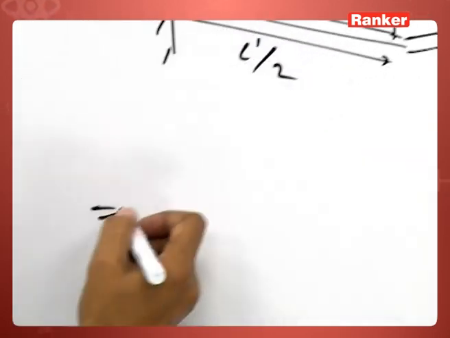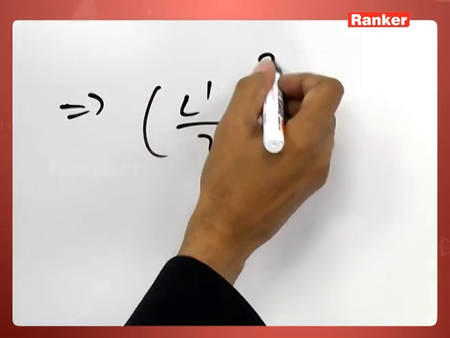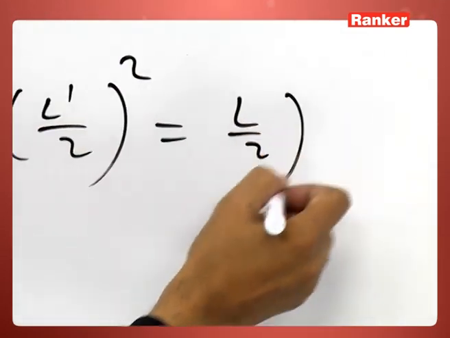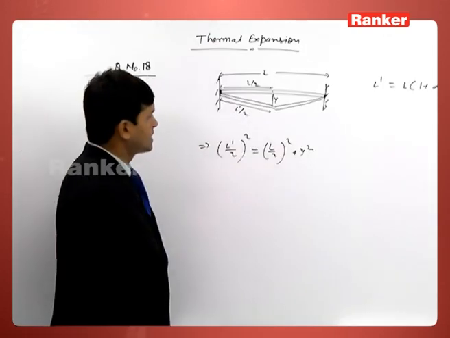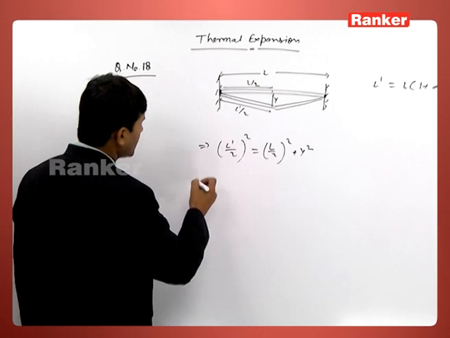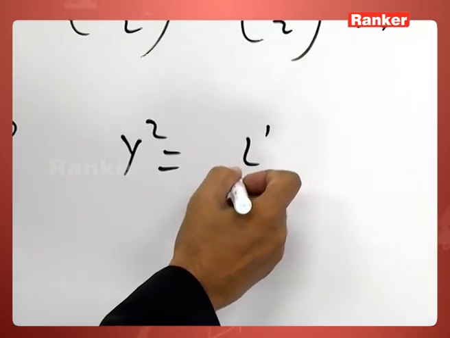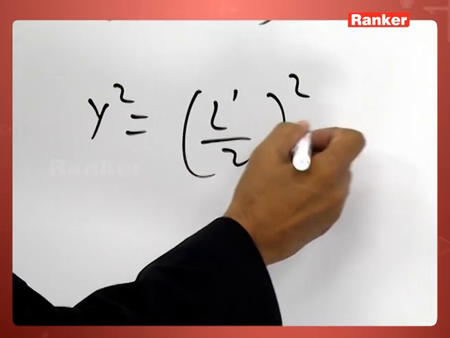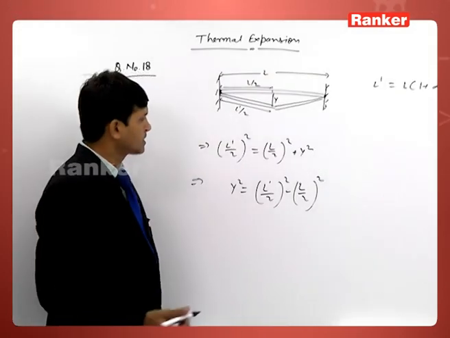So from here we can write (L'/2)² is equal to (L/2)² plus y². Now y² is your (L'/2)² minus (L/2)².